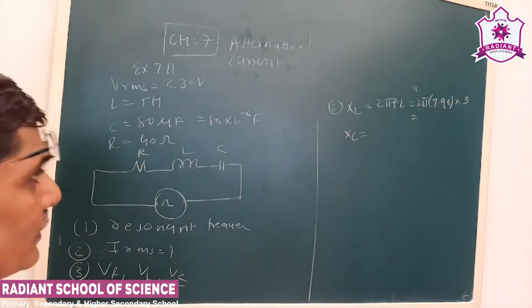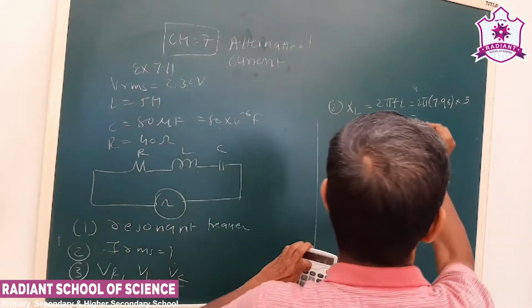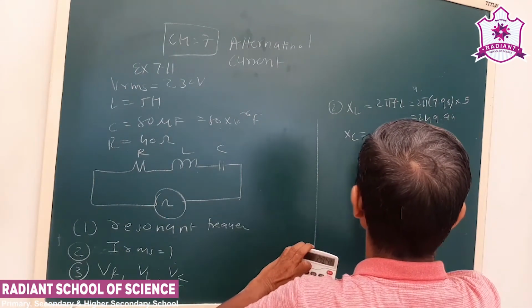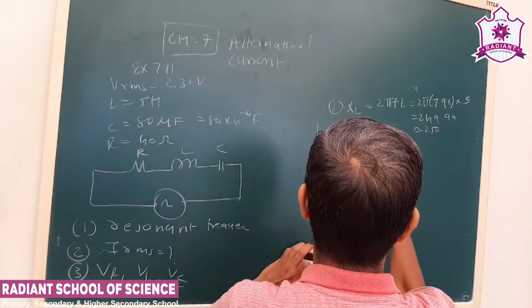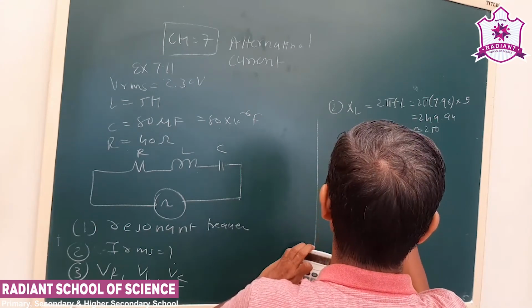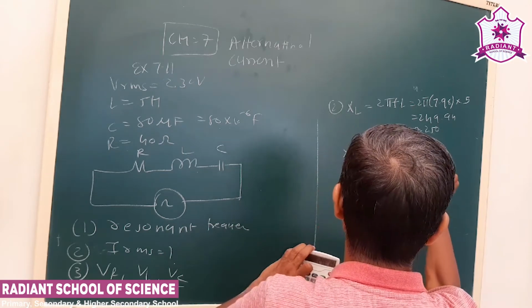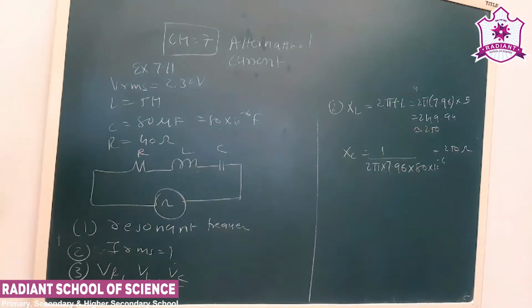XC also we can check. We'll surely get the same: 2 pi F is 7.96 and 80 into 10 to the power minus 6. This also will be the same, by the case of resonance.